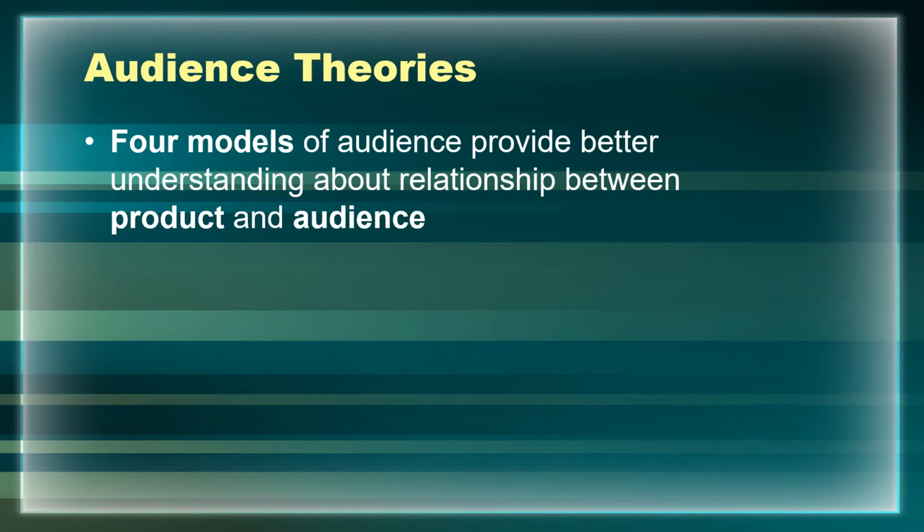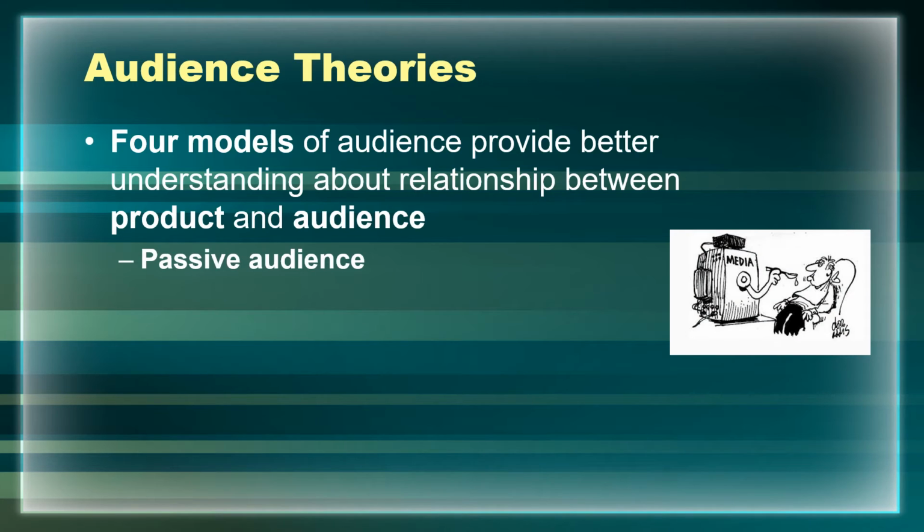There are loads of different models. We're going to think about 4. We're looking at 4 theories about audiences that try and answer those questions about how media products affect audiences. What is the relationship between the product and the audience? Very broadly, these link to the idea of the passive audience and the active audience.